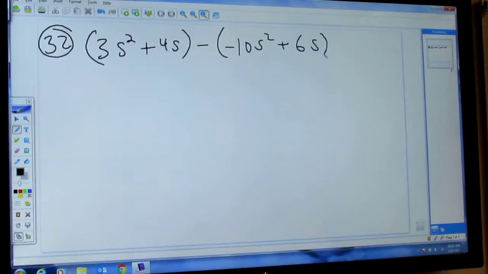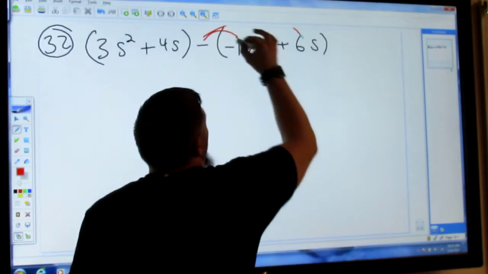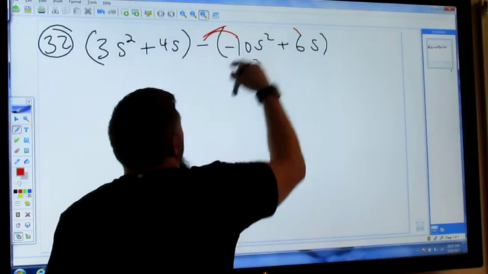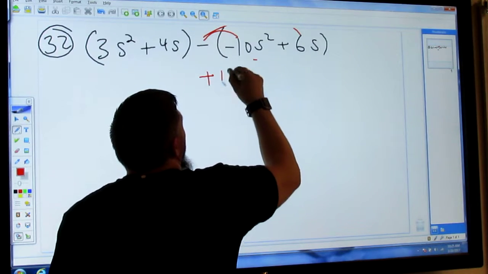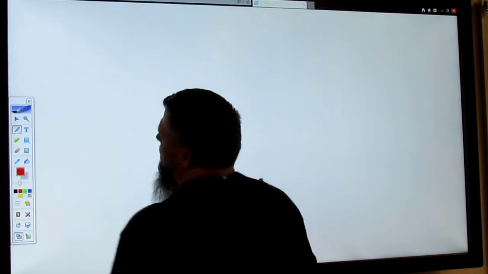Alright, now with this one, the minus does change everything inside. Okay? So this minus, when you distribute this minus all the way through, then it changes this to a plus 10s squared. Right?